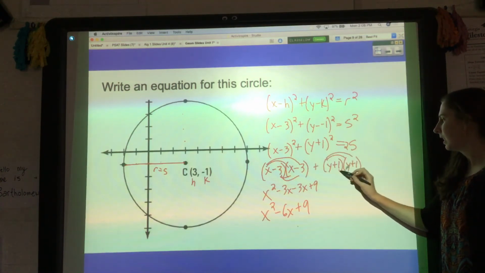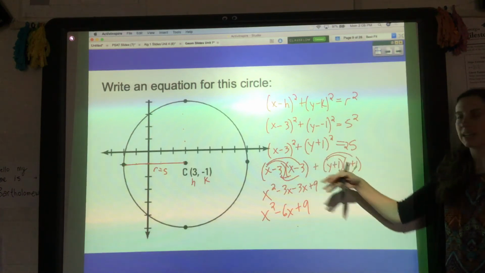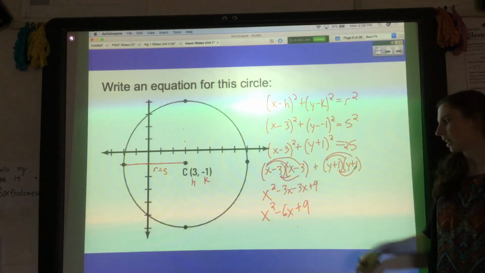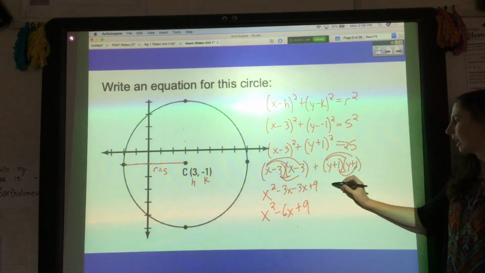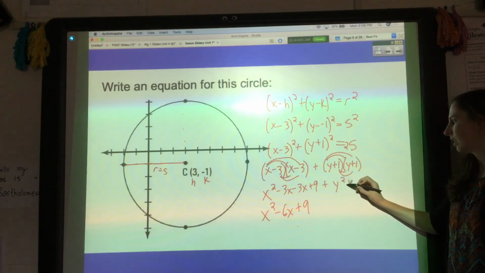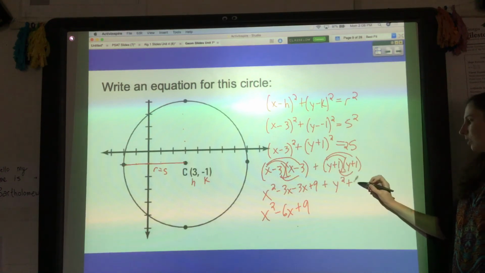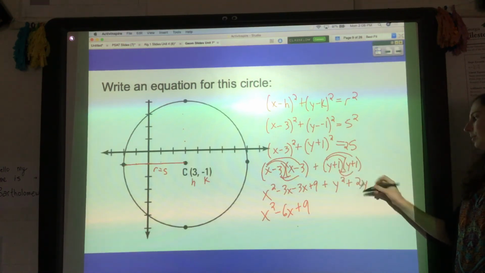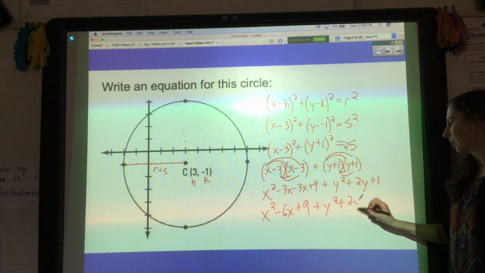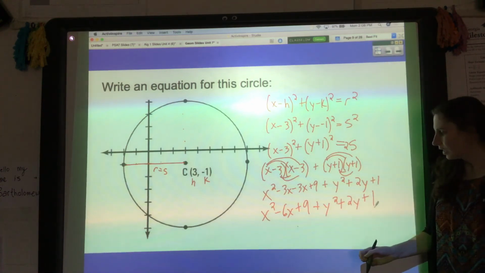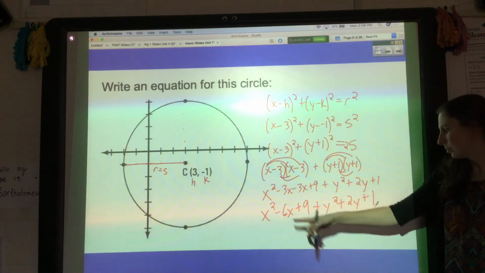Thank you. Okay, so all I'm doing is just multiplying this stuff out. Squared means times itself. So I just multiplied that out and got this, and now I'm going to multiply out the y stuff, which is y squared plus 1y plus 1y, so plus 2y, and then 1 times 1 is 1. So basically, once you multiply all this out, you end up with x squared minus 6x.